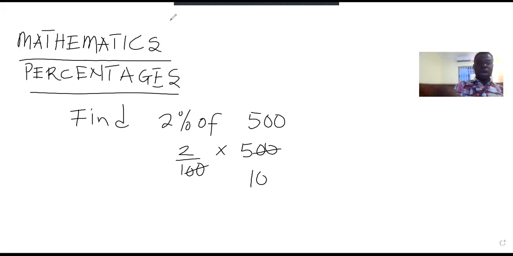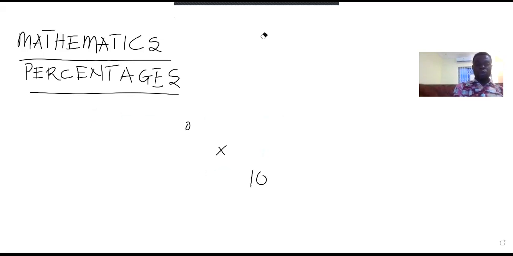Now we also learned about how to express one quantity as a percentage of another.